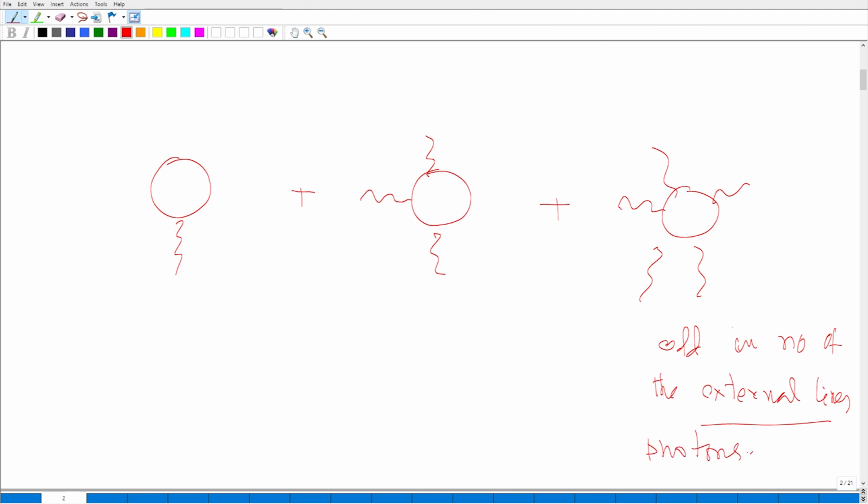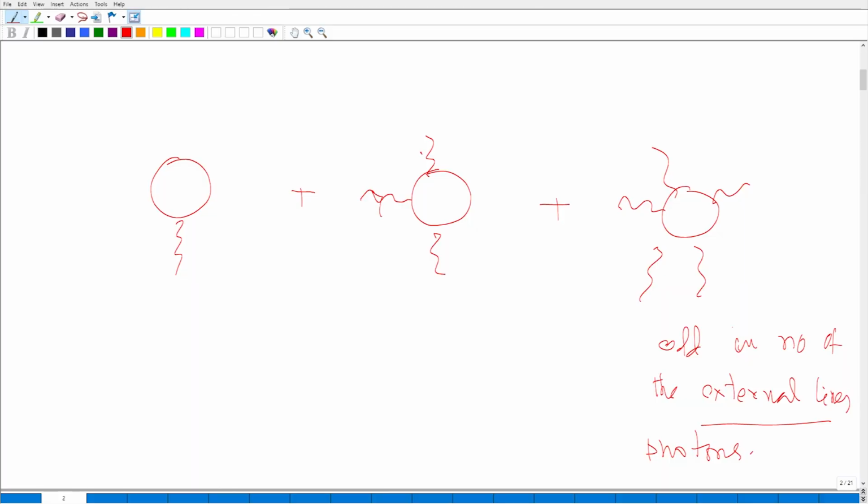So, what dictates whether these particular diagrams should be included, remain, or they should not be included?